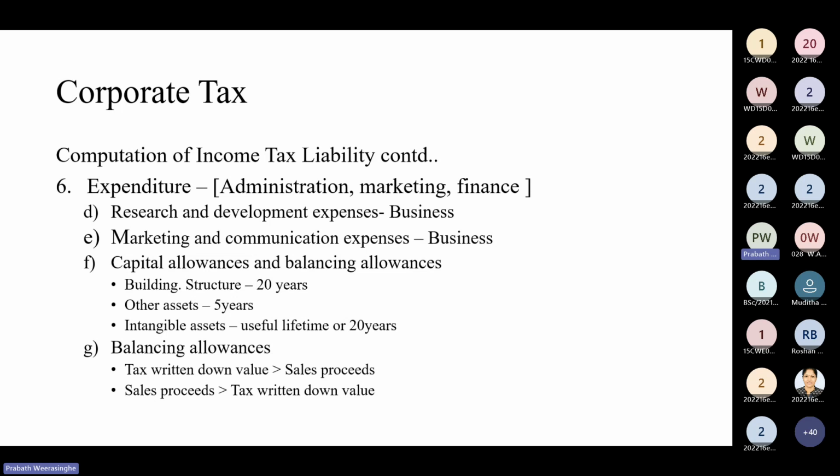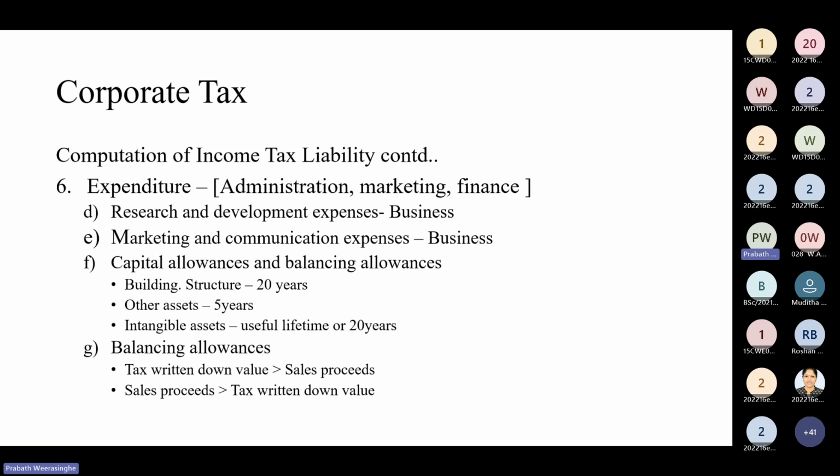For the other class of assets, I have to highlight one thing, that is motor vehicles. It says which motor vehicles are entitled and not entitled to capital allowances, right? Especially road vehicles, even if we are using them in the course of business, we are not entitled to capital allowances.